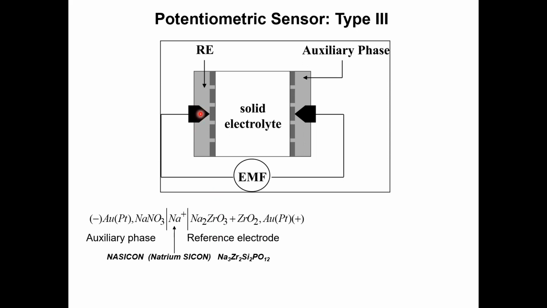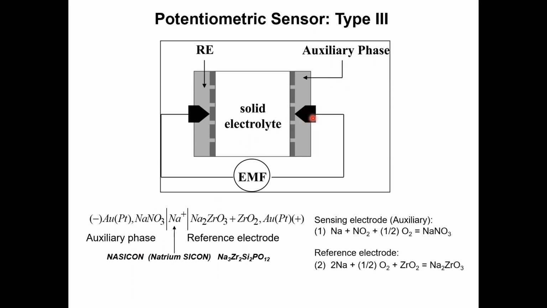That activity doesn't change even though you change NOx. And then the auxiliary phase is used as sodium nitrate. And as you change the NOx environment, the activity of sodium on that material changes. You're measuring the signal.